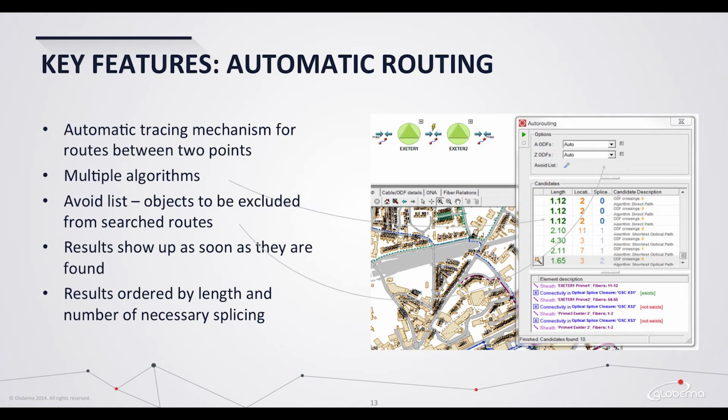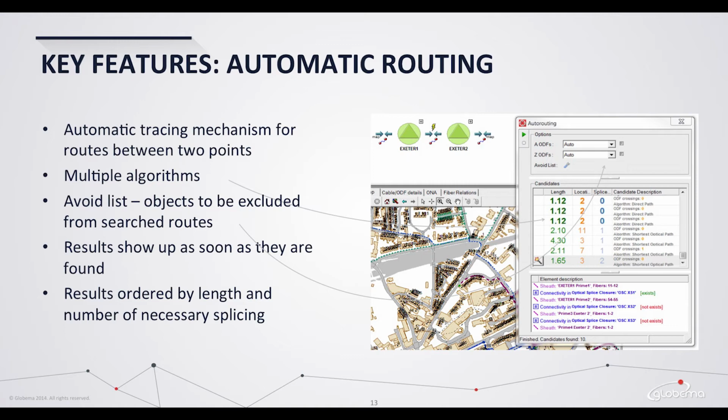Auto-routing allows to provide a void list, so some locations or distribution frames will not be taken into consideration, and results show up as soon as they are found. Users do not have to wait for the whole computation to be finished.